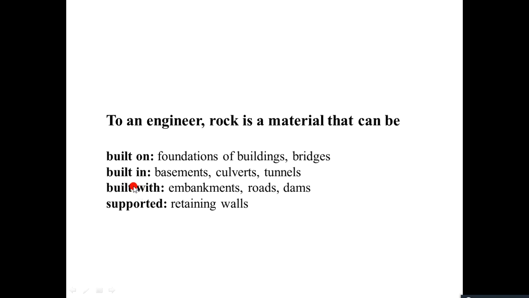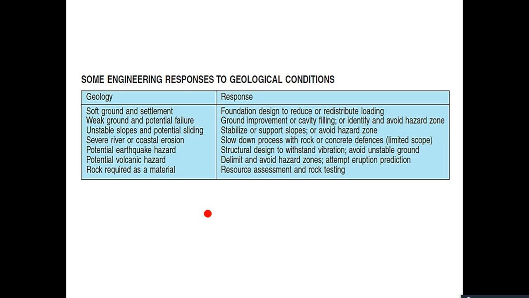Built with, these rocks are used to build the engineering structure and they support it also. Okay. So to an engineer the rock material is that which can be built on, built in, built with and which supports.